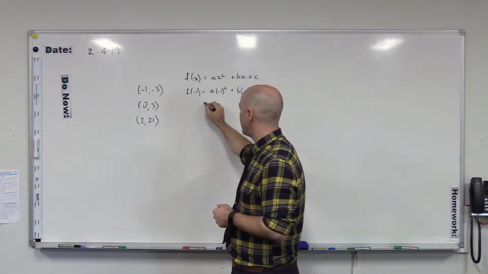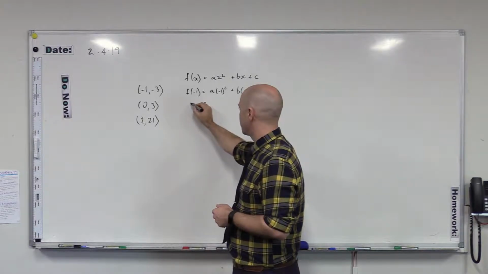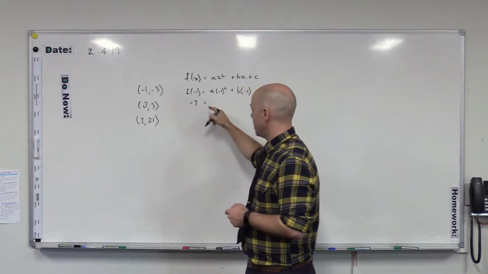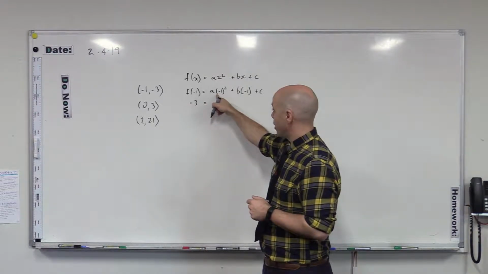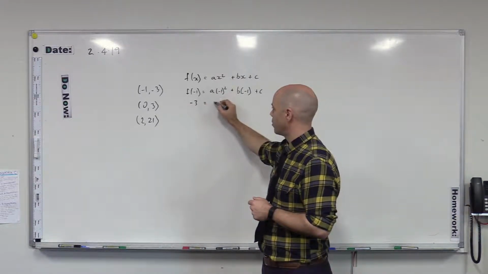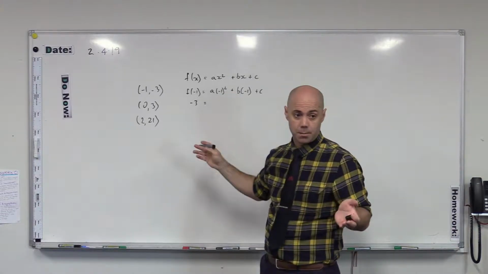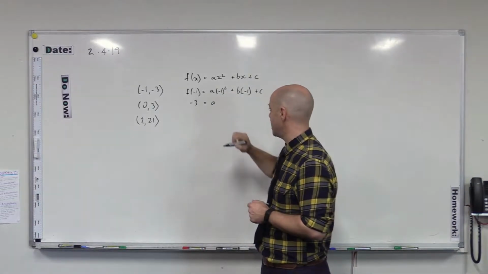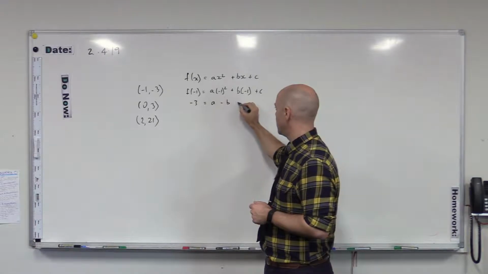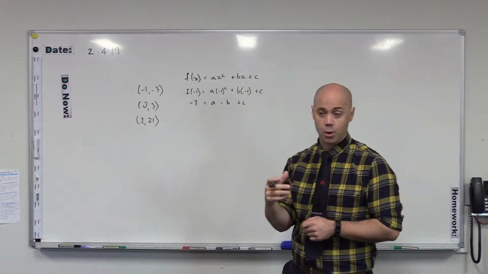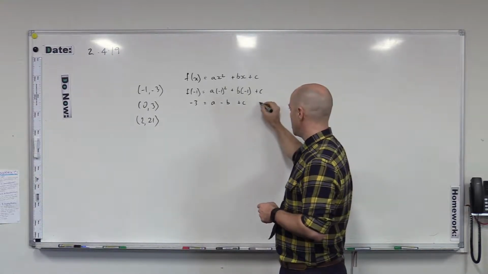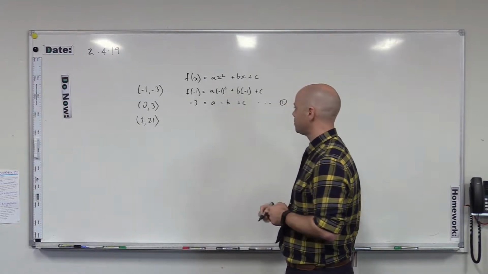So I know that equals -3. I can also do some simplifying: -1 squared is just +1, so that becomes just a, and that becomes -b plus c. So I've got one equation I'm going to use to solve simultaneously. I'm going to label that one number 1.